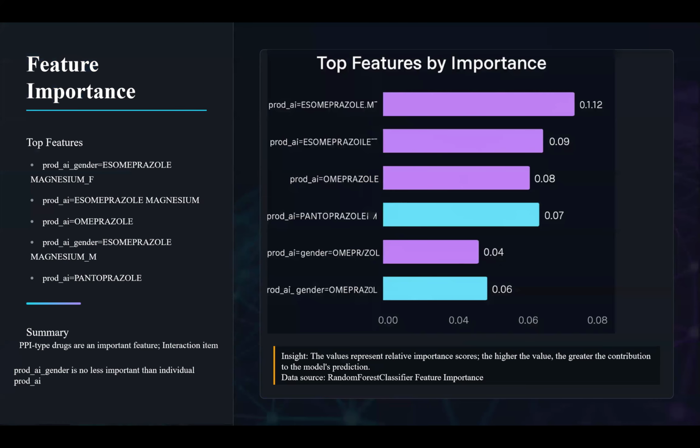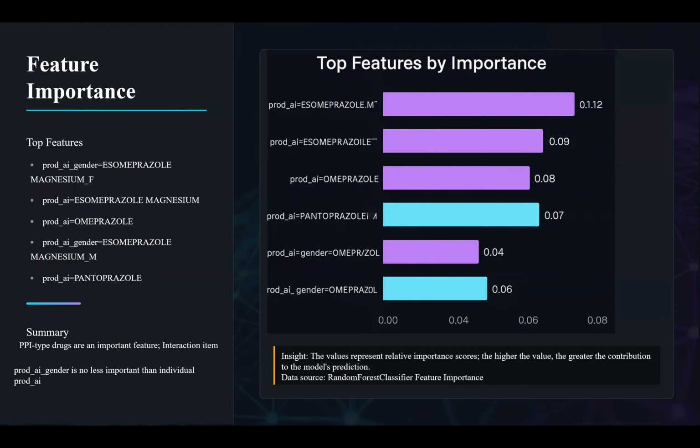And given the simplicity of our feature set, with no laboratory values, no comorbidities, and no age groups, this itself is surprisingly strong. We examined the feature importance and found the prod AI contributes the most to the prediction, and the prod AI gender interaction also ranks highly.